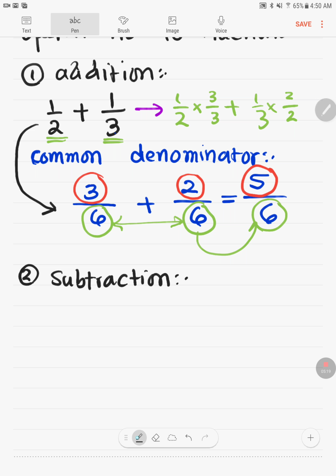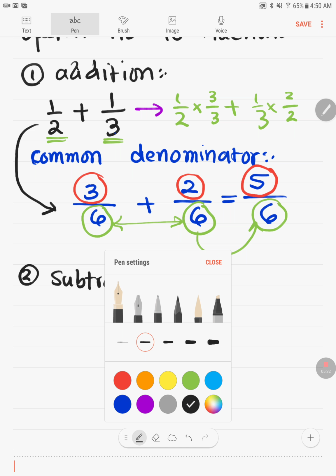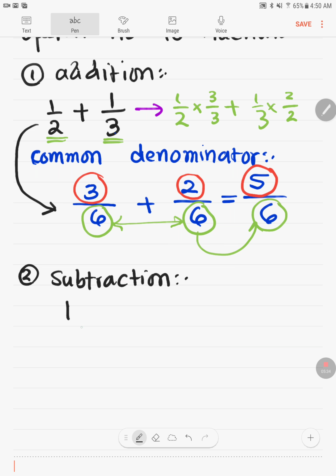So let's say 1/2 minus 1/3, or let me try different numbers just to make it more fun. 1/4 minus 1/6.